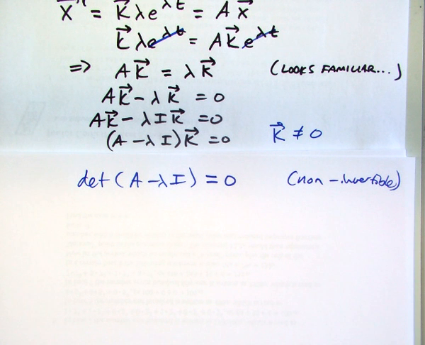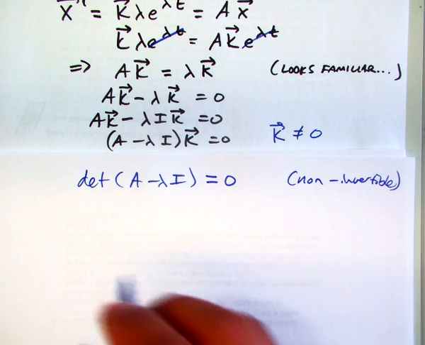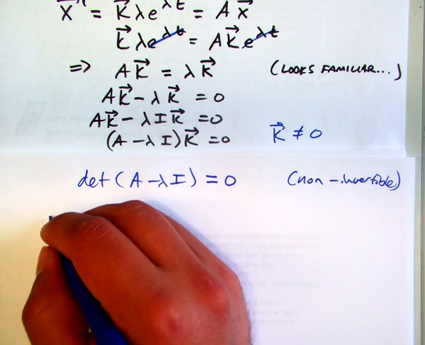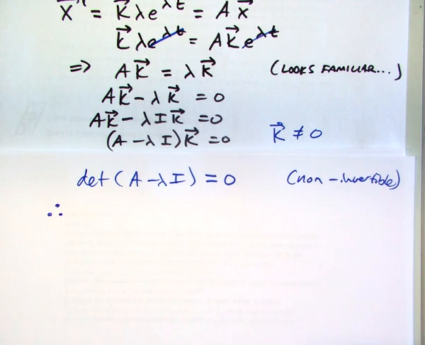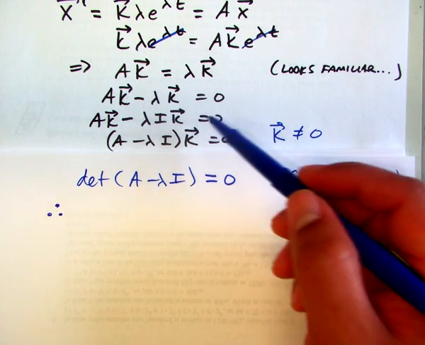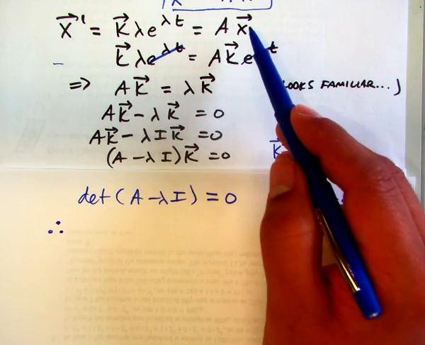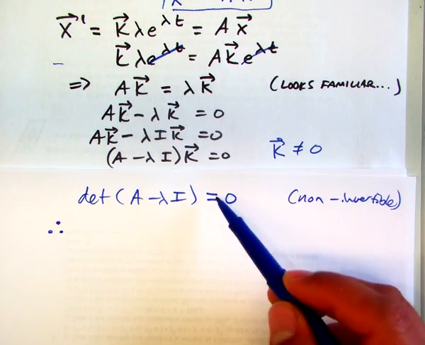And this is what led us to using the whole eigenvectors and eigenvalues, and now we're going to tie that into here. So since we basically come up from x' = Ax, we arrive at the same condition.